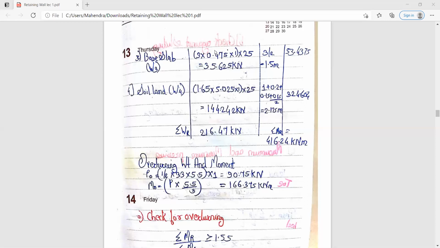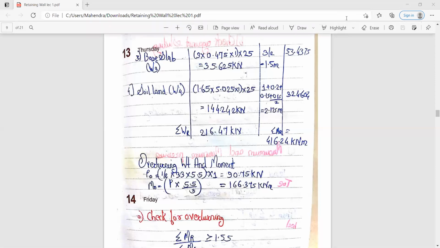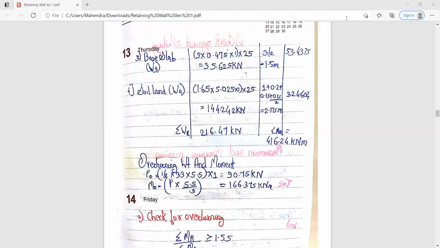For W4, how much moment you had got? Slightly increase your speed.